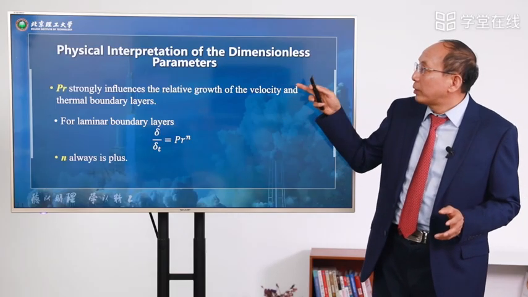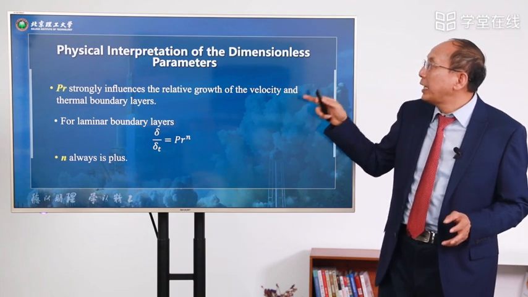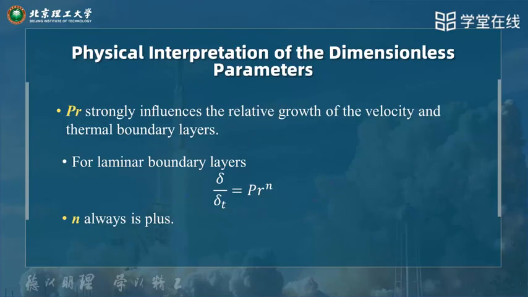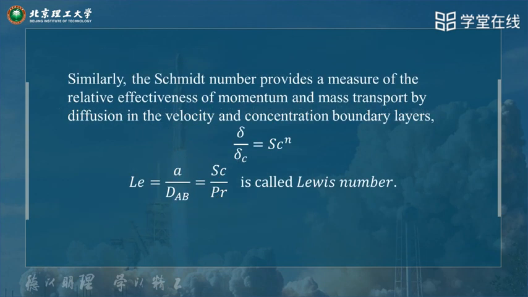Here we discuss the physical interpretation of the dimensionless parameters. The Prandtl number strongly influences the relative growth of the velocity and thermal boundary layers. For laminar boundary layers, we know delta, the velocity boundary layer, over delta T, the thermal boundary layer, equals Prandtl number to the power n, where n is always positive.